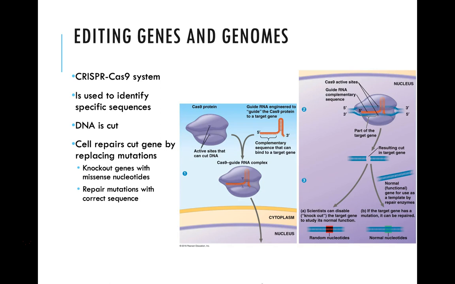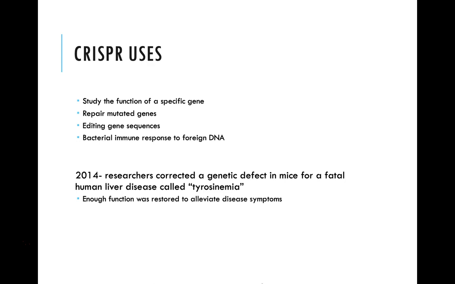So there's a lot of application for this. If you YouTube it, you can find all kinds of crazy information about designer babies and all sorts of things. It's actually been used quite a bit. There's been a lot of research on it. The first time it was used successfully was in 2014, and researchers were able to correct a genetic liver disease.